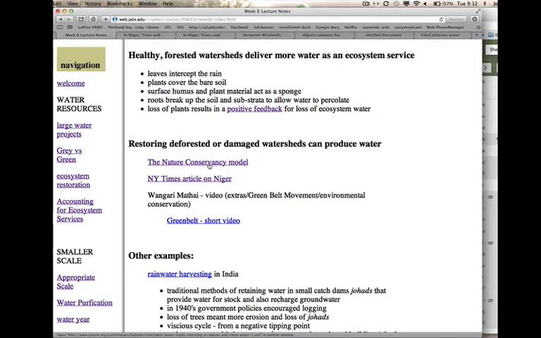So the first example of this on a large scale was Quito, and in Quito, for the 2 million people, 80% of the water comes from a forested watershed that the Nature Conservancy helped set up. It's run by a local organization, of course, and every year $1 million comes from Quito to help maintain and establish more forested watershed.